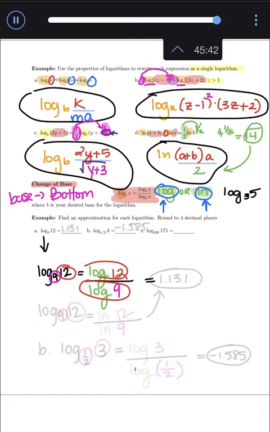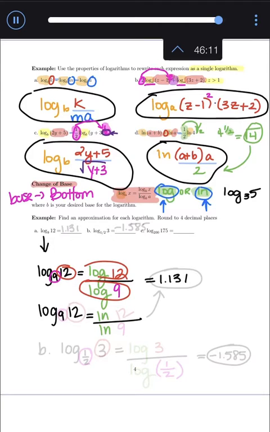And when you type in your log base 10 of 12 divided by your log base 10 of 9 using the LOG button on your calculator, you'll get 1.13. And it looks like if you go to 3 decimal places, 1.131. Now, just to point this out, had you chosen to use LN instead of the LOG, it would have given you the same answer. The only difference would be that you use the LN on the top and the bottom.